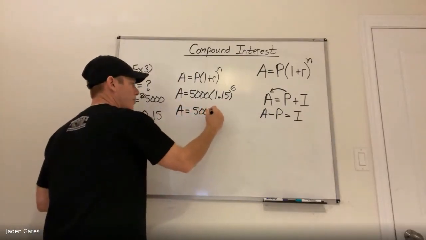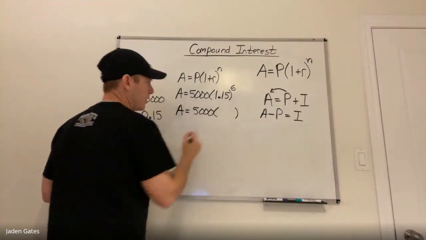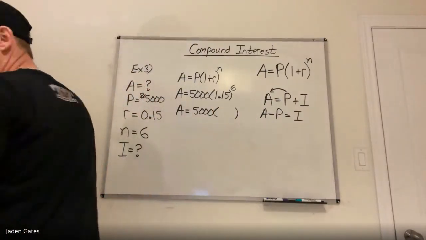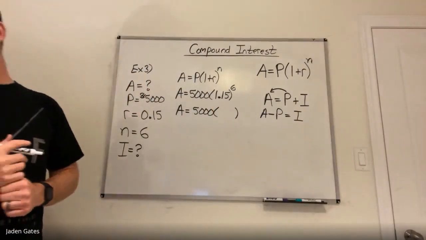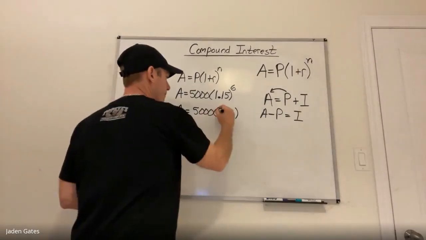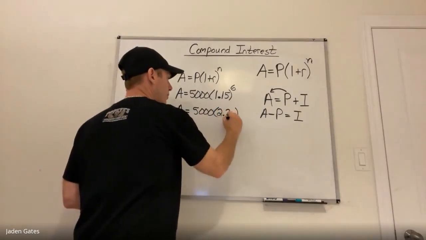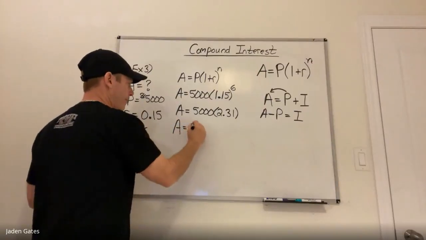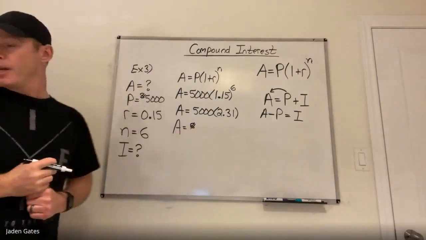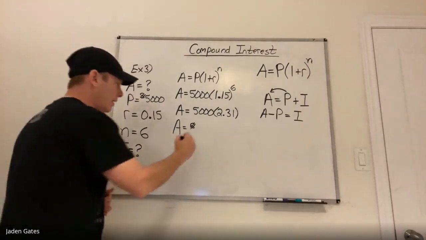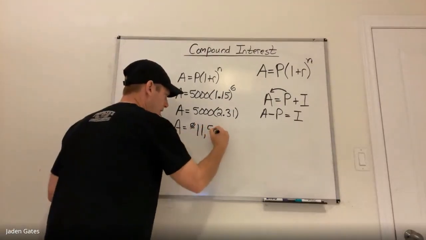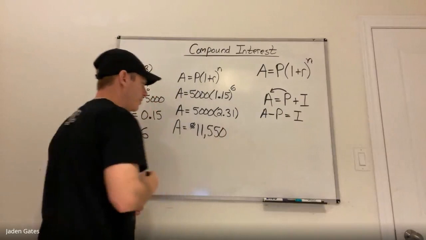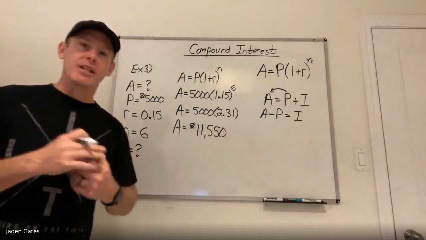So I got to do the exponents first. I take 1.15 to the power of 6 and I get 2.31. And then of course I multiply that by $5,000 and I end up with $11,550.